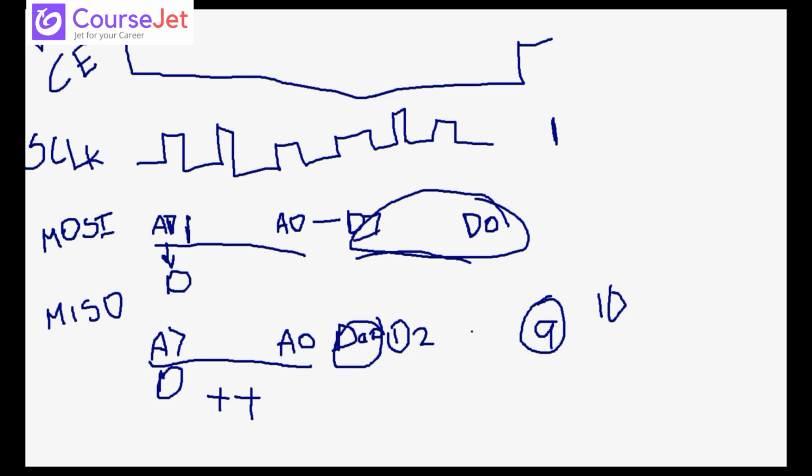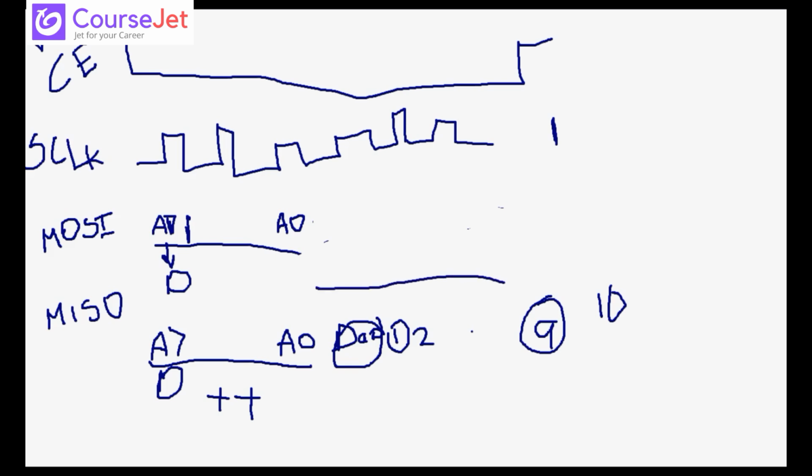The data will be provided on this particular line. You will be writing from master to slave, but here you will get your output on this line, which is master in, slave out, which means from slave you are sending it to master: slave output and master input.